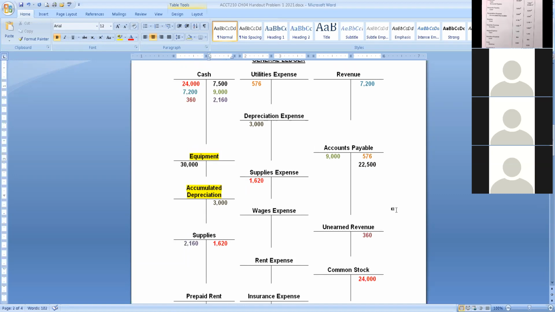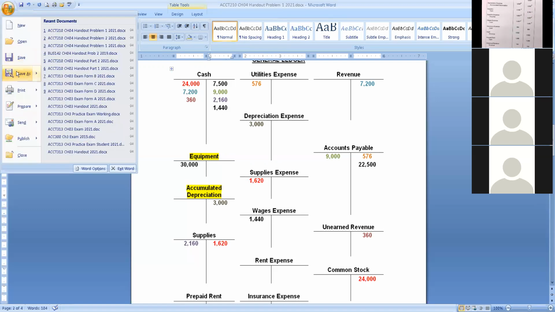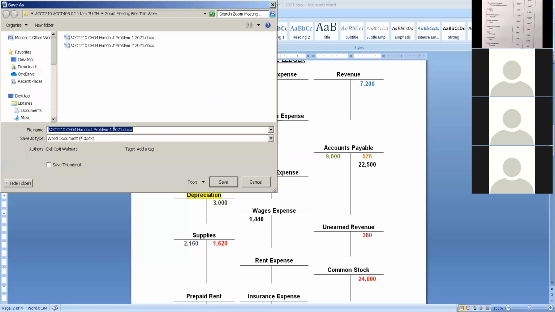Okay. Let's see. Wages expense, 1,440. And cash is credit, 1,440. Save mine so I don't lose it here.